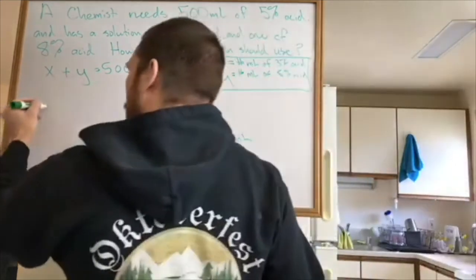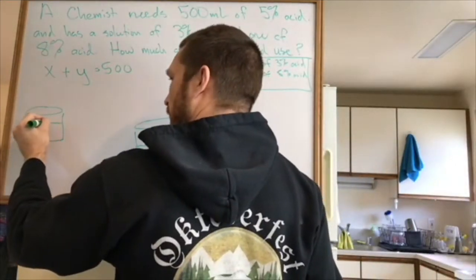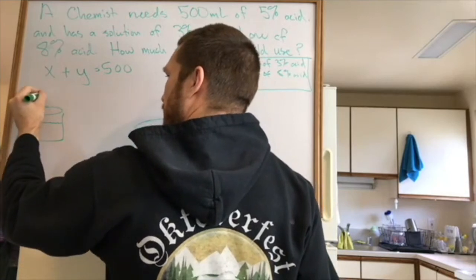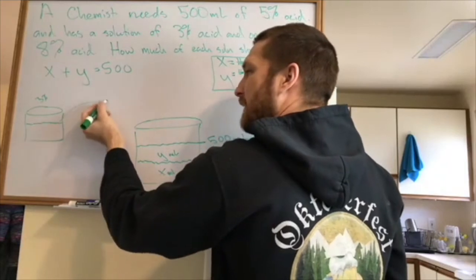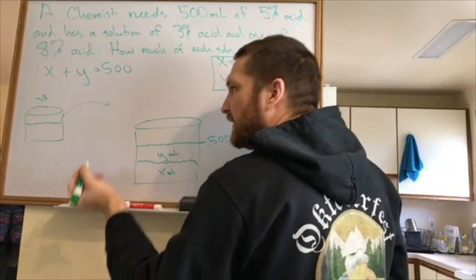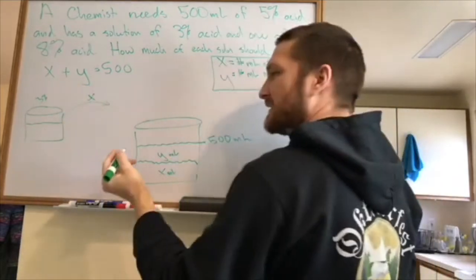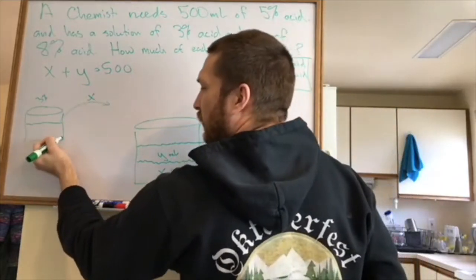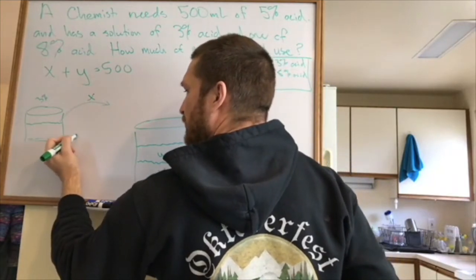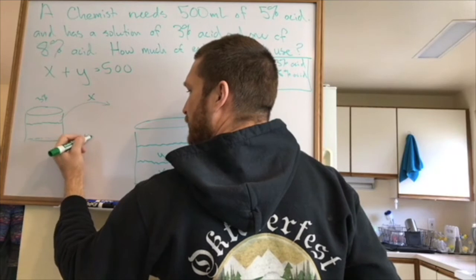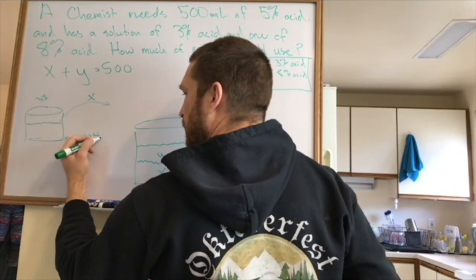We also know from our original guys, from the 3% acid, that whenever I take the X amount of it, 3% of it, whatever X is, is acid, because only 3% of this stuff is acid. That is 3% of the total is pure acid.